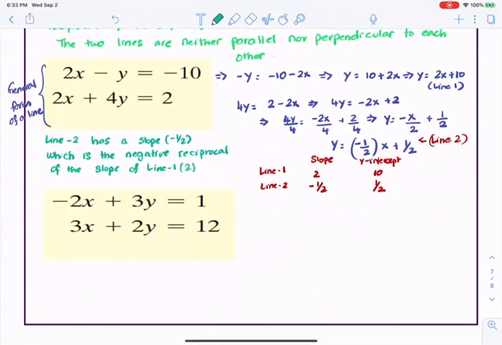The reciprocal of 2 is 1/2. Negative reciprocal simply means negative 1/2. So immediately we can conclude that the lines are perpendicular to each other.